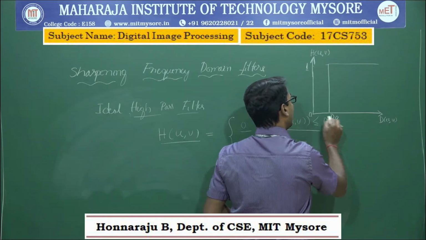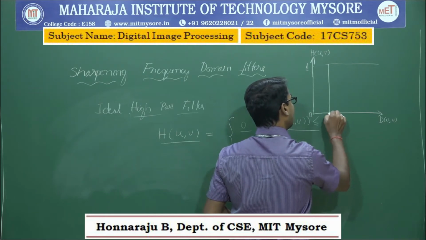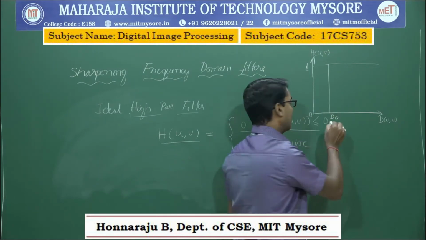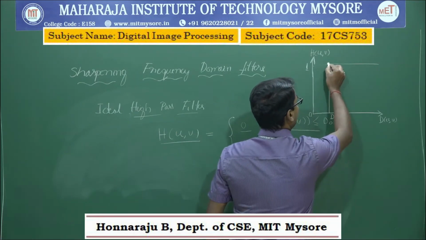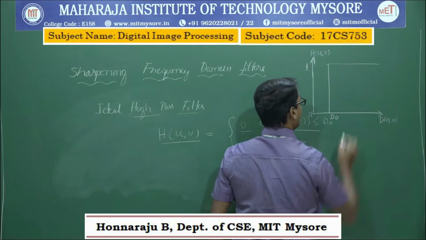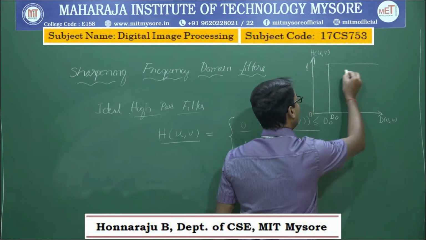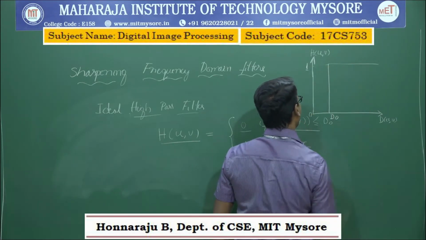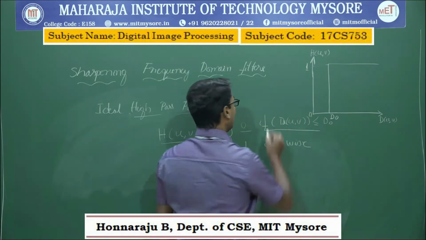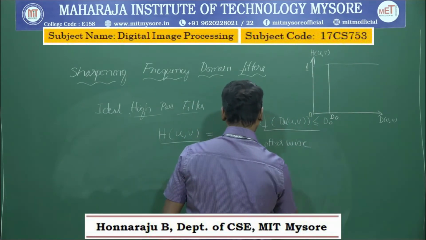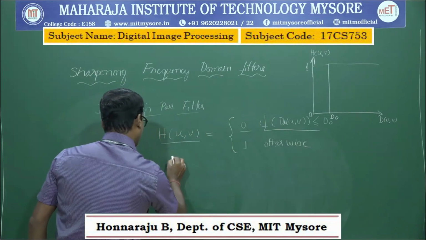So, if the D of u comma v value is less than D0, then this part becomes 0, and if the value is above D naught, then this value is 1. So, the value above D0 is 1 and below D0 is 0.